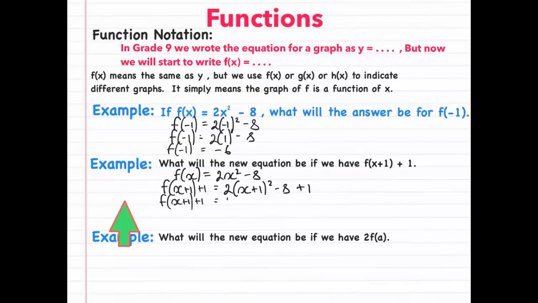So this will be 2 times (x² + 2x + 1) - 7. And the new function where x + 1 equals 2x² + 4x + 2 - 7, and it's equal to 2x² + 4x - 5.